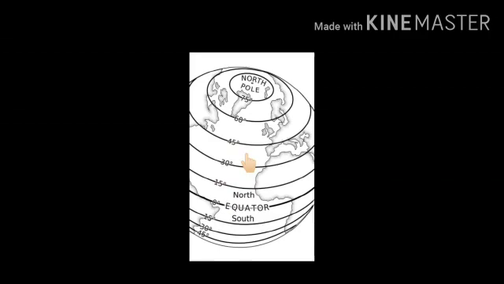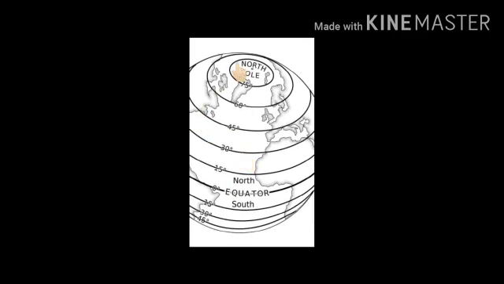The distance between two latitudes is the same and they form a full circle. You can see that the length of the parallels decreases as we move away from the equator towards the pole. They become shorter.